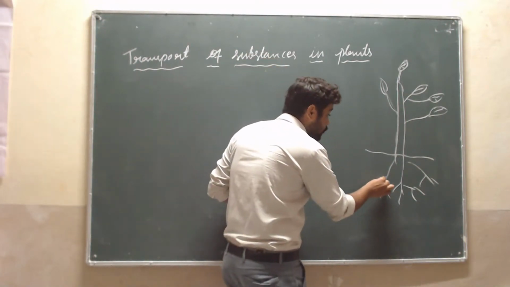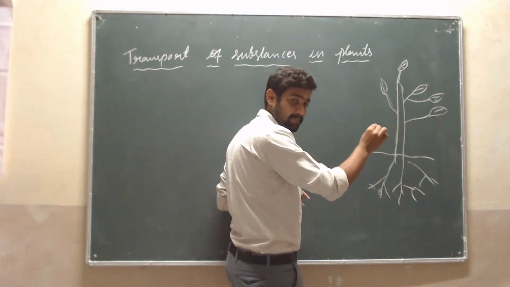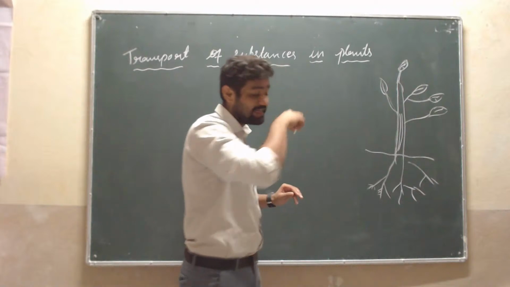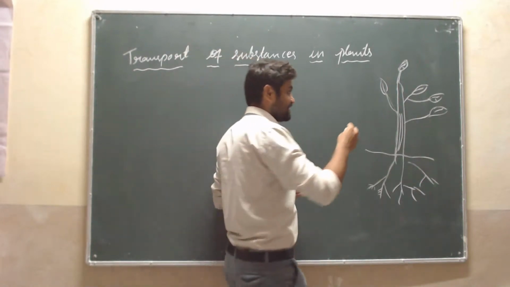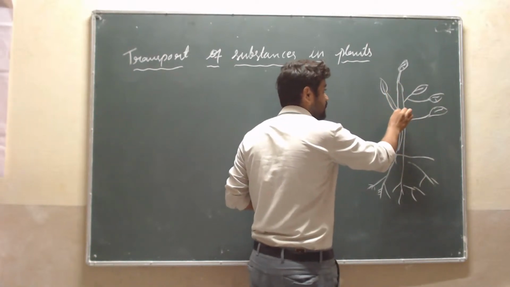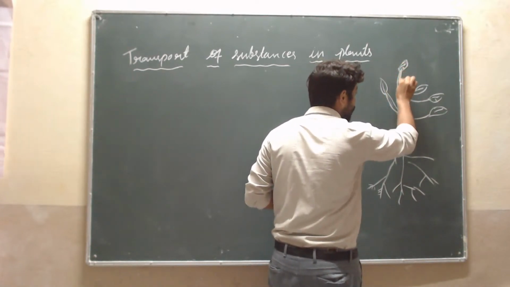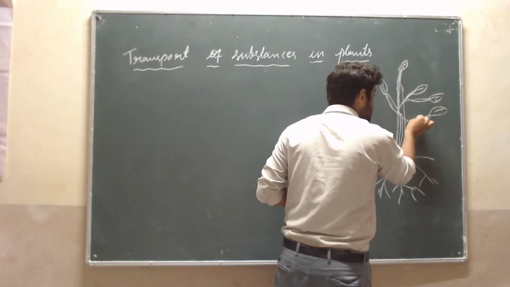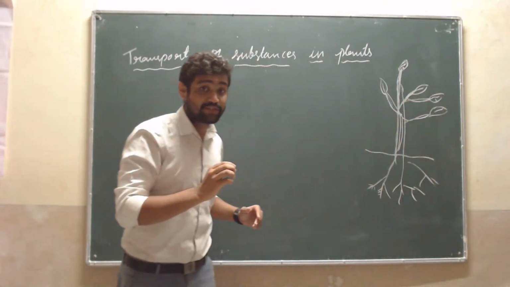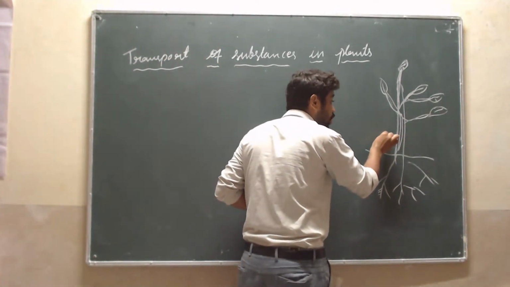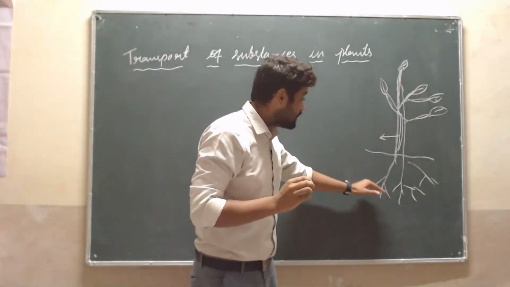That is transported to the stem, which we know is a pipe-like structure, and through that it is transported to all the leaves, because they have to prepare food, isn't it? Concentrate here. This pipe is called which pipe?